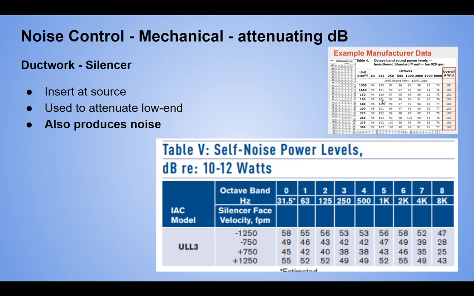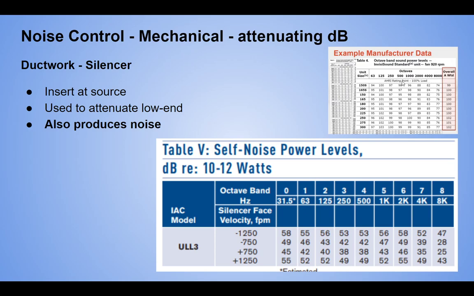So if we look at this at 250, and we knock it down 22 dB here, instead of having a 97, we're down to 75, much more manageable, right? And we've gained 22 dB of attenuation. If we're looking at the previous problem, that solves our 250 hertz problem.